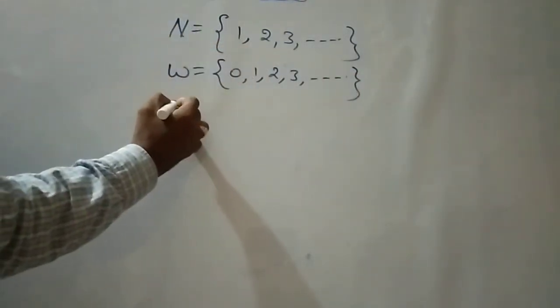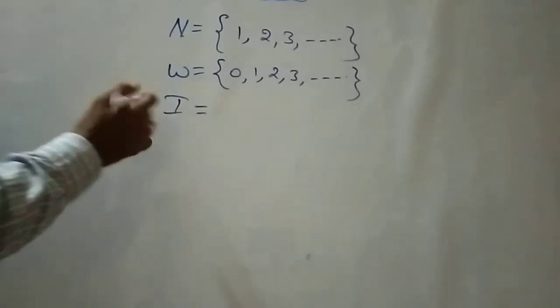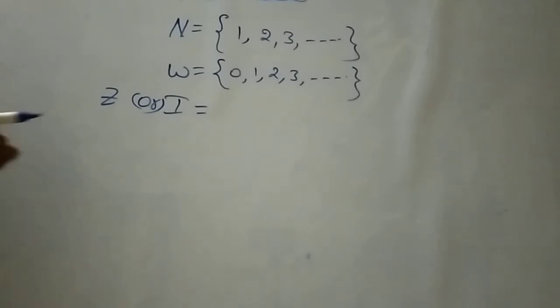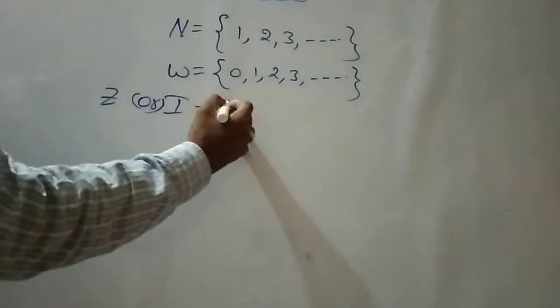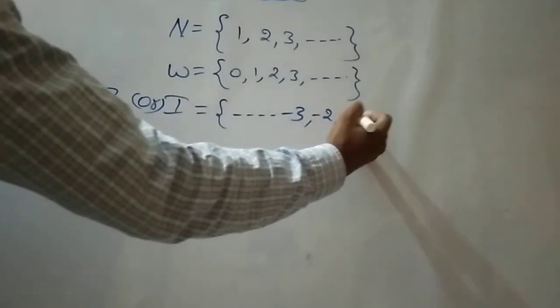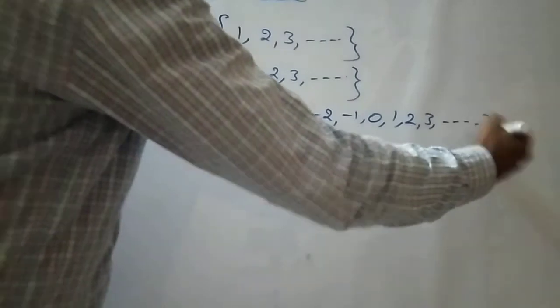What about the next one? Integers are denoted with I or Z, that are -3, -2, -1, 0, 1, 2, 3, and so on.